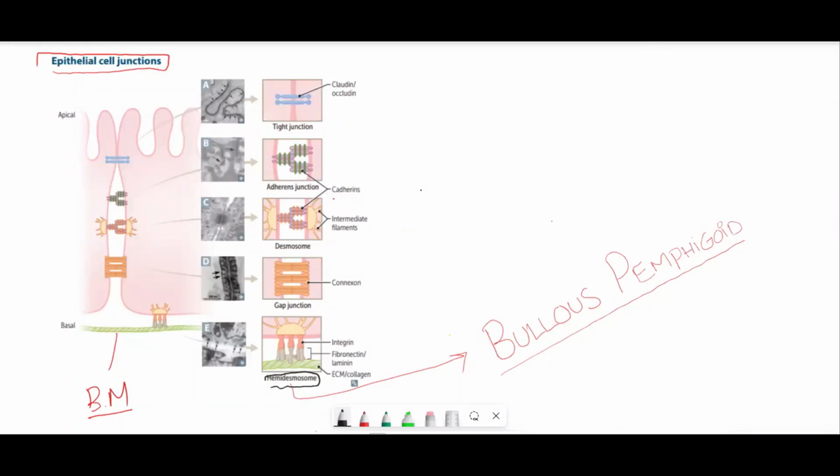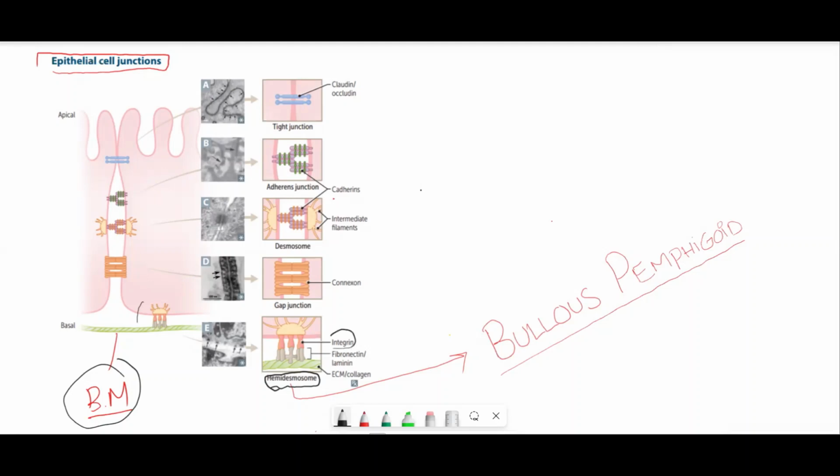Hemidesmosome basically does not connect the cell to another cell. It connects the cell to the basement membrane. So hemidesmosome is not a real junction. Hemidesmosome basically consists of integrin.